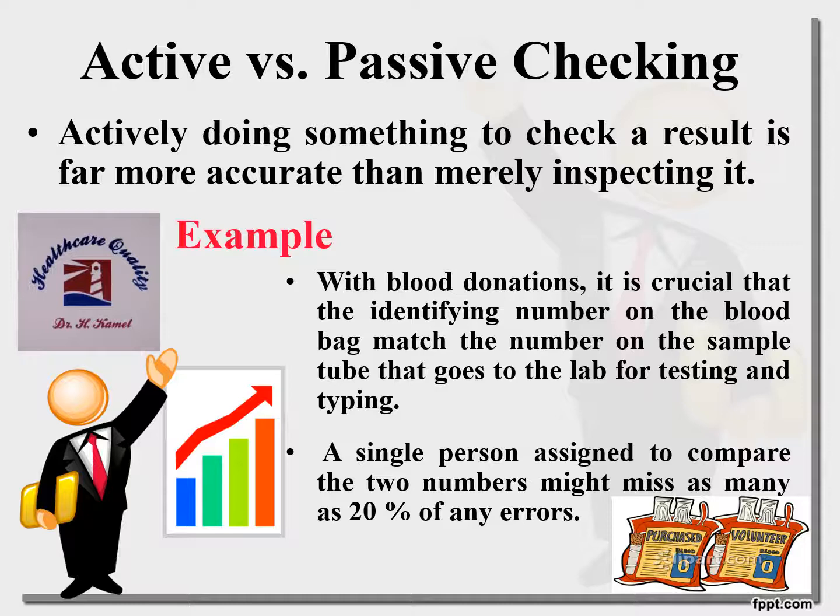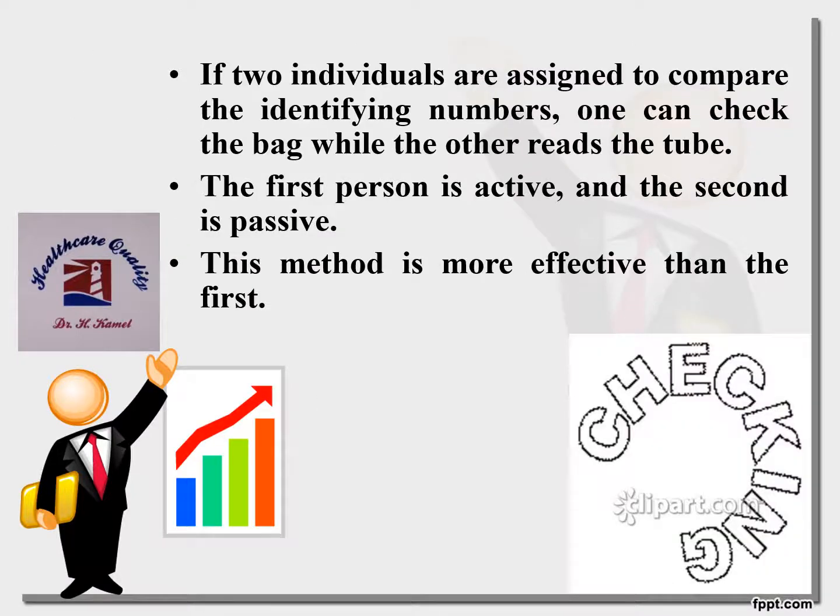A single person assigned to compare the two numbers might miss as many as 20% of any errors. If two individuals are assigned to compare the identifying numbers, one can check the bag while the other reads the tube. The first person is active and the second is passive. This method is more effective than the first.